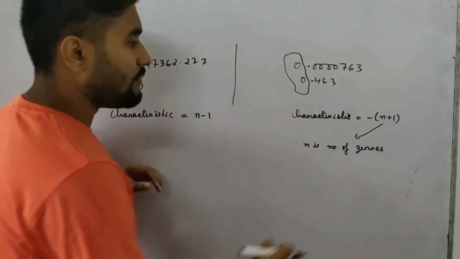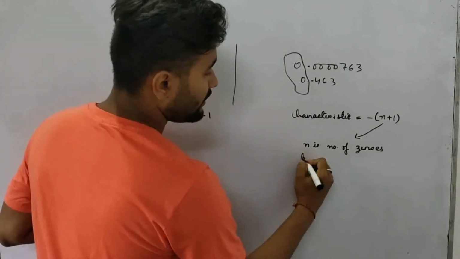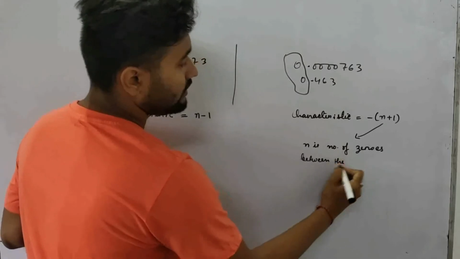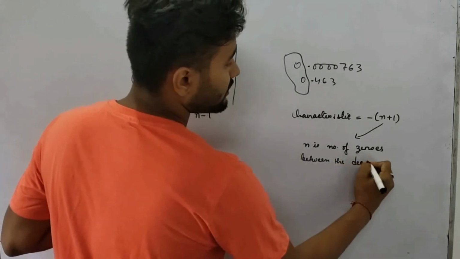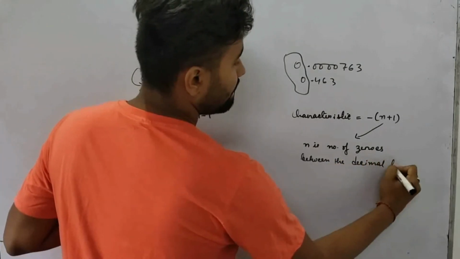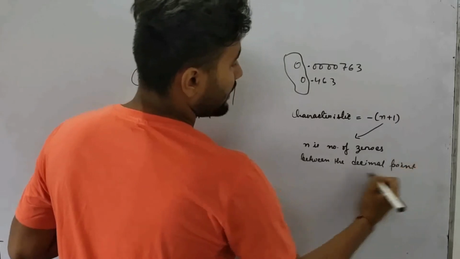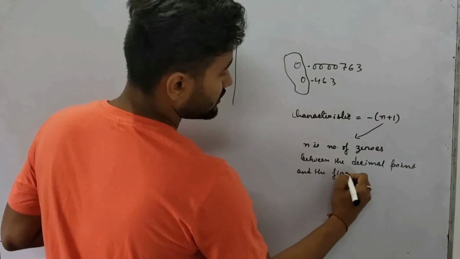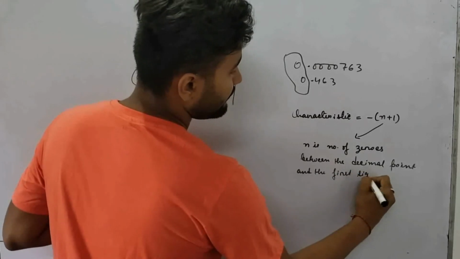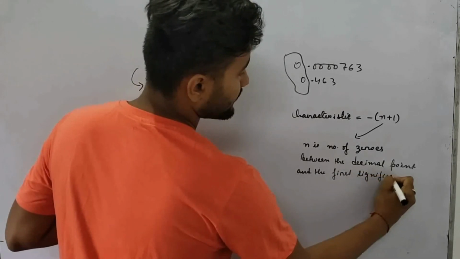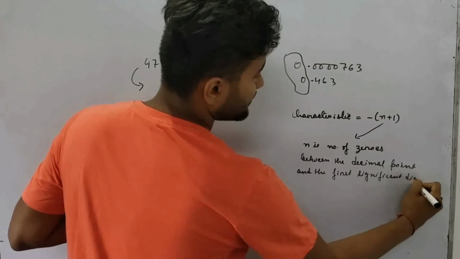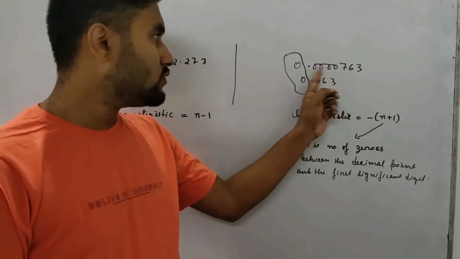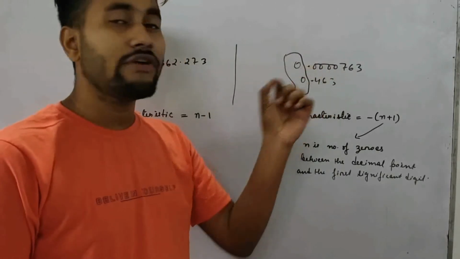N is the number of zeros between the decimal point and the first significant digit.